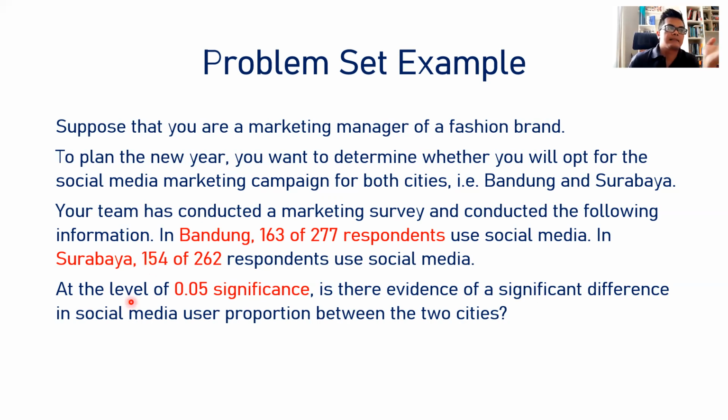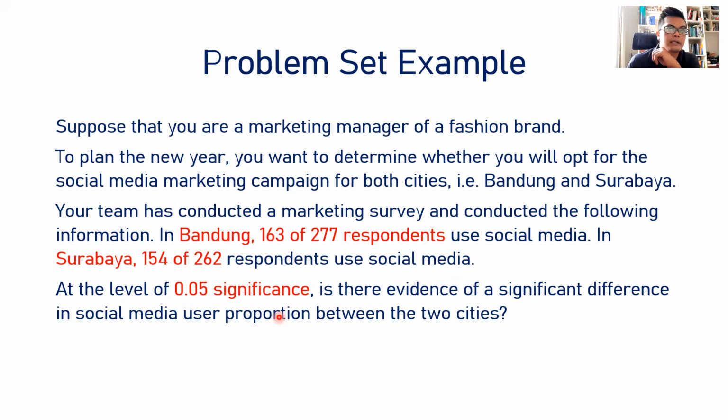Then the task is, at the 0.05 level of significance, is there evidence of a significant difference in social media user proportion between these two cities? You want to determine whether the proportion of social media users in Bandung and Surabaya is similar or not, because you want to decide on the marketing campaign.